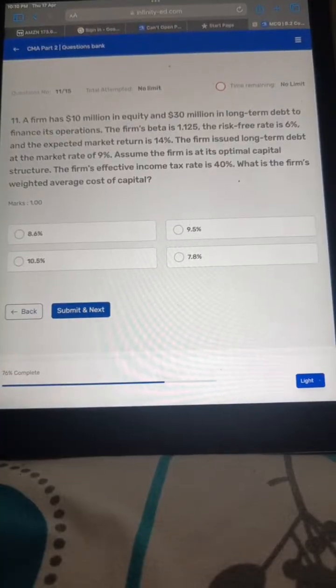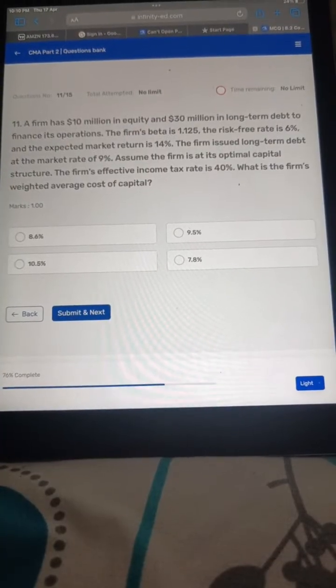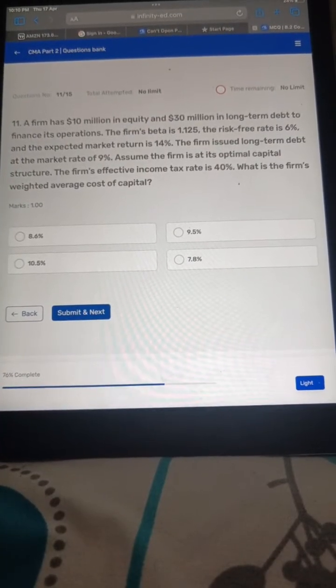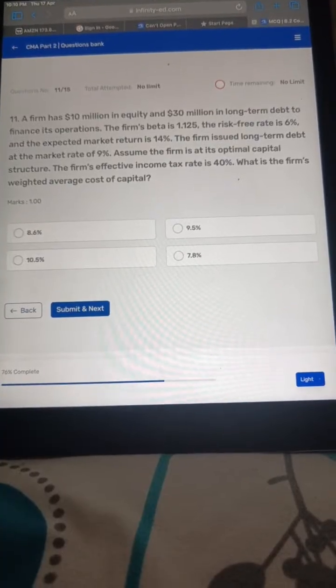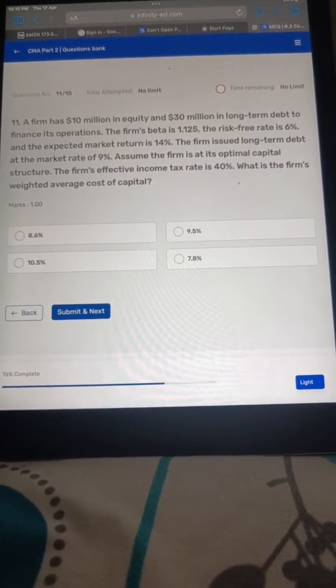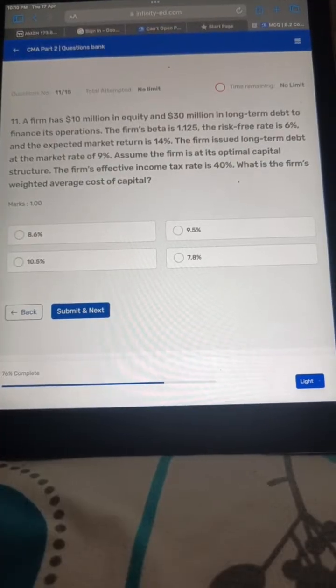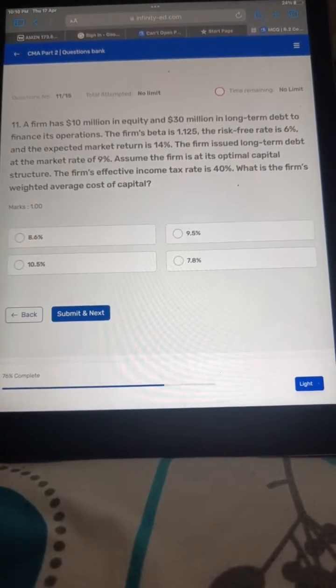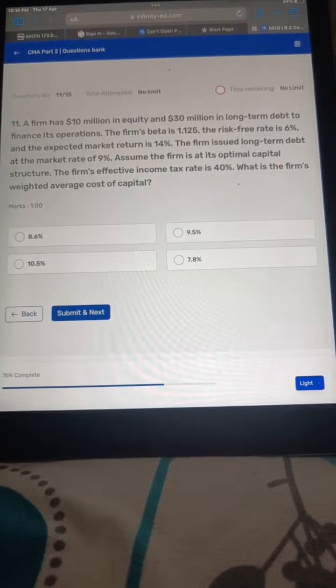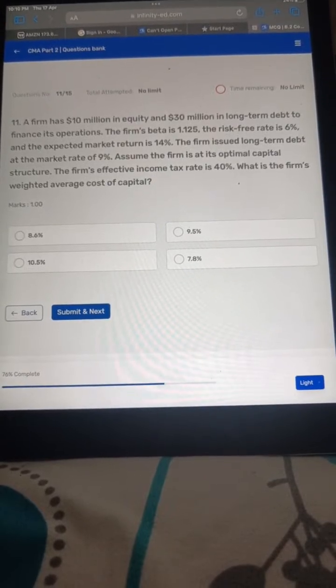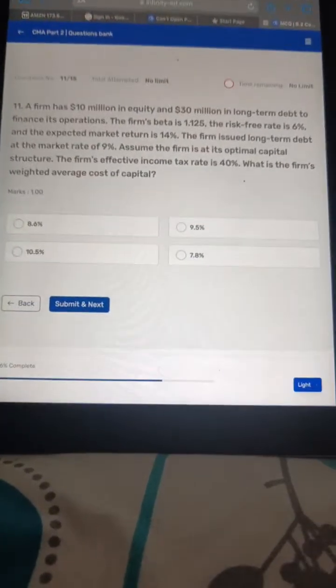And 30 million is the debt, with 9 multiplied by 0.6, which is 5.4% cost of debt, and 30 divided by 40 comes to 4.05, and the total comes to 7.8. The 7.8 option is the correct answer.